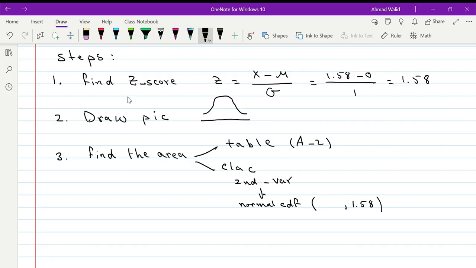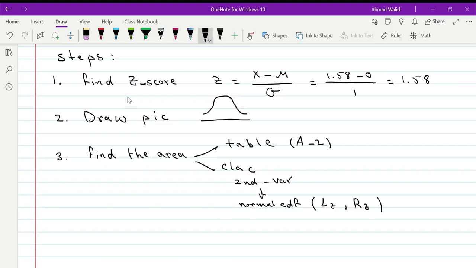I'll later show you how I do this. For the time being, you have to enter the right z-score and left z-score. For some problems, you only have one of them. For some of them, you have both of them to enter, correct?